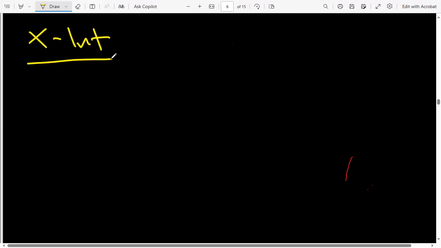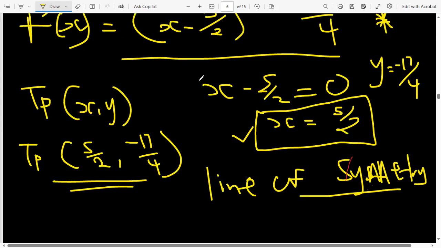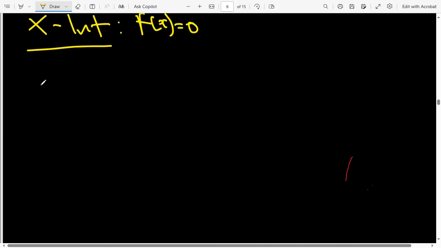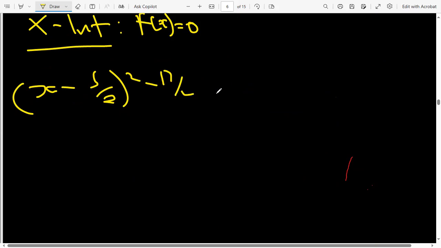So for the x-intercept, my f of x, or my y, is just going to be 0. So I have this equation equal to 0. Let me write it here. x minus 5 over 2 squared minus 17 over 4 is equal to 0.